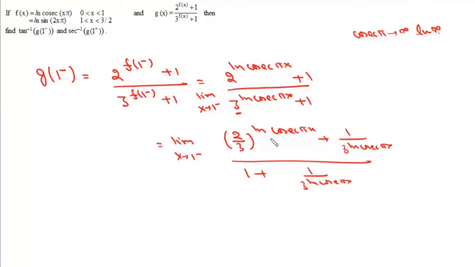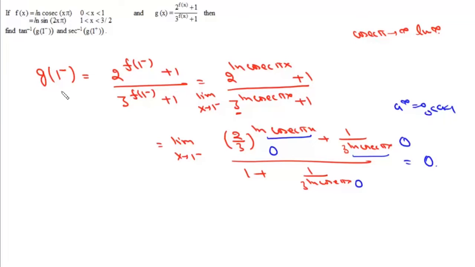Now when log cosec pi x tends to infinite, we know that a to the power infinite is 0 if a lies between 0 and 1. So this limit will be 0. This expression 1 upon infinite will be 0. This also will be 0. So it will be 0 upon 1.